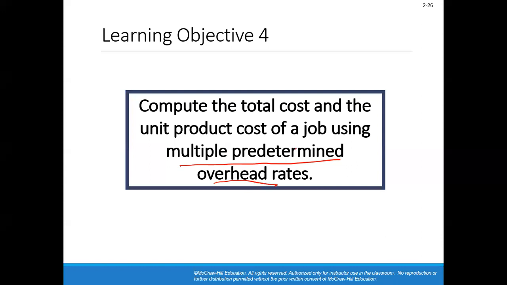Instead of relying on the single predetermined overhead rate, we will look at the multiple predetermined overhead rates. Now, what is the idea? The idea of the multiple predetermined overhead rates is to understand that there is one example, that how many units of production department your job has to flow.